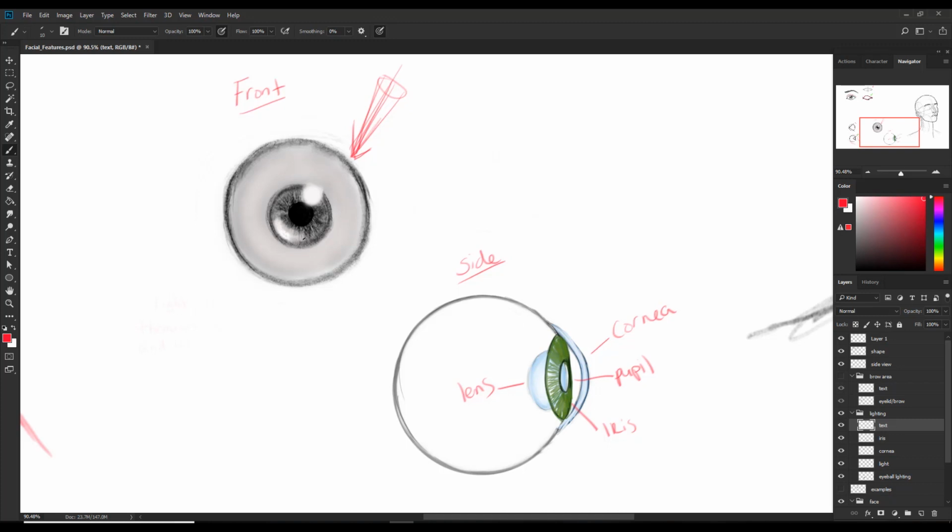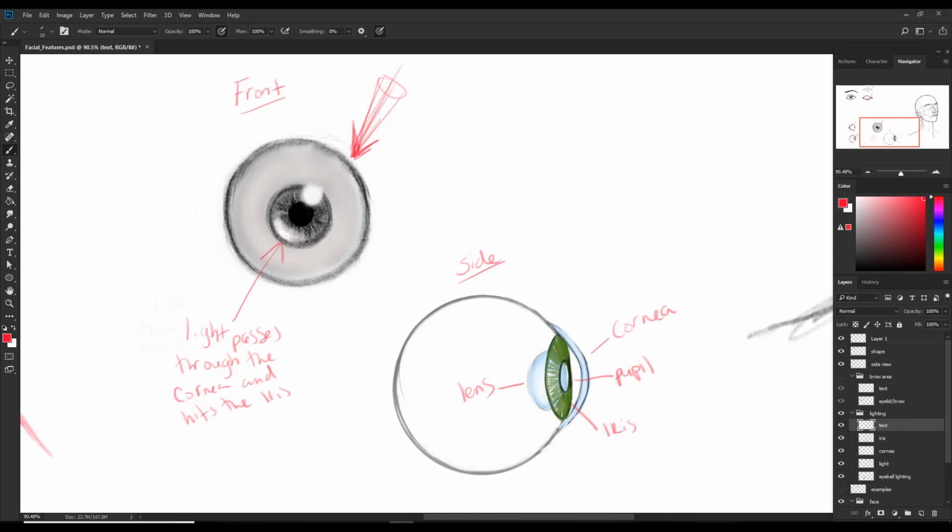And on the opposite side of the iris here, you're also gonna get a reflection of light. And that is where the light passes through the cornea and hits the iris. And so this can change depending on where your light source is.